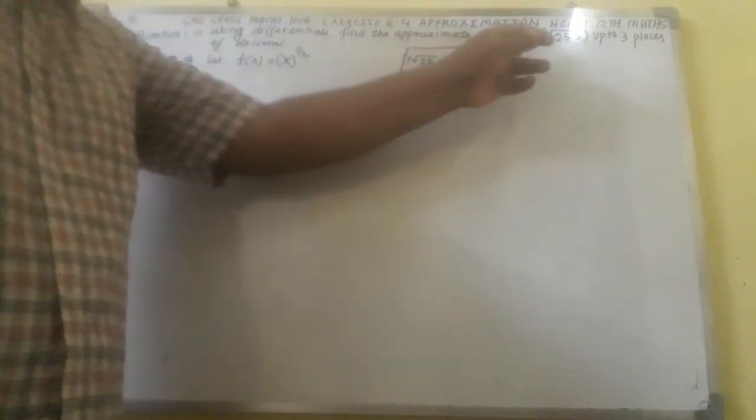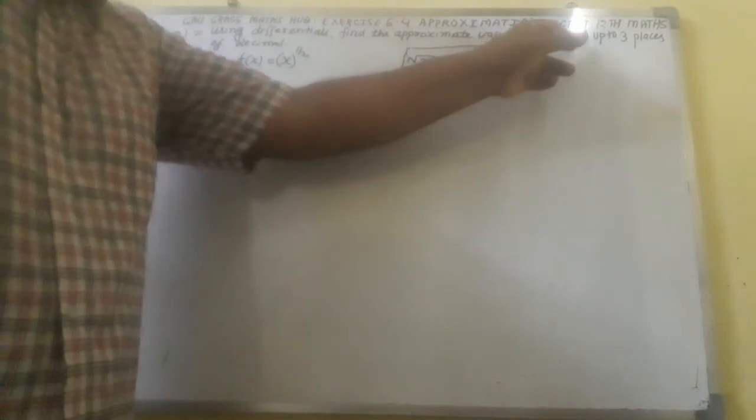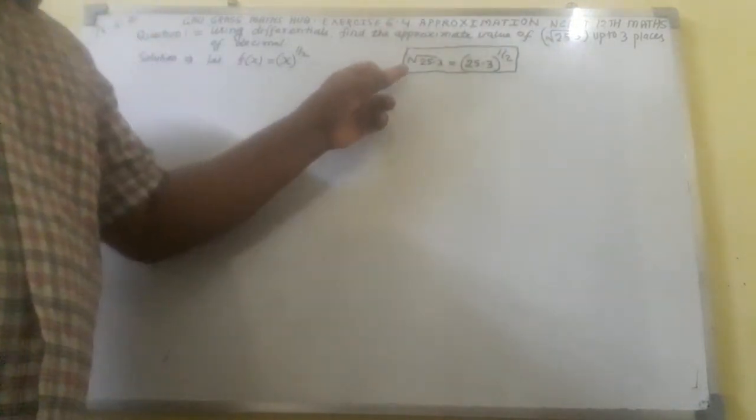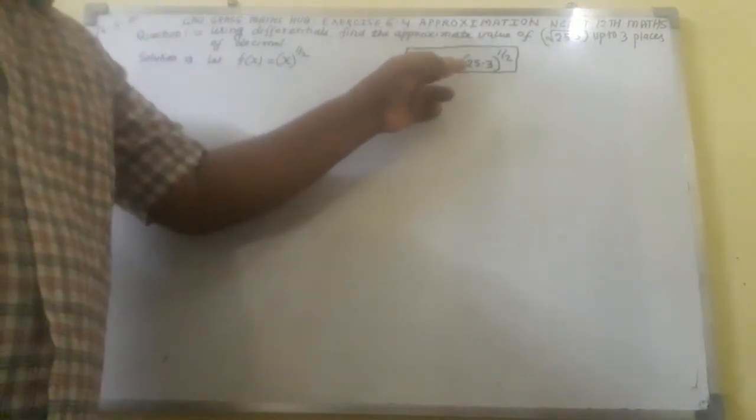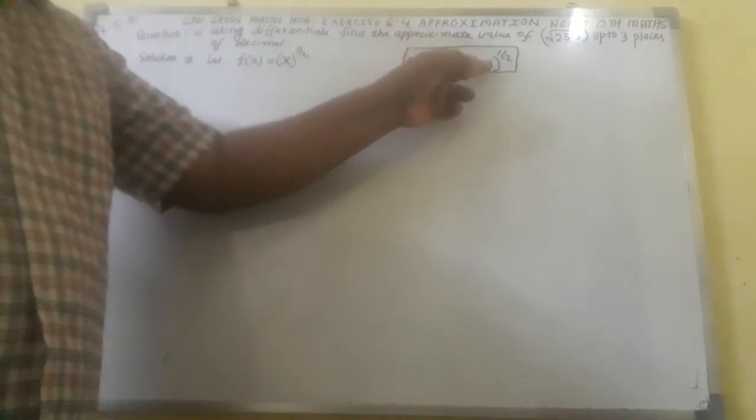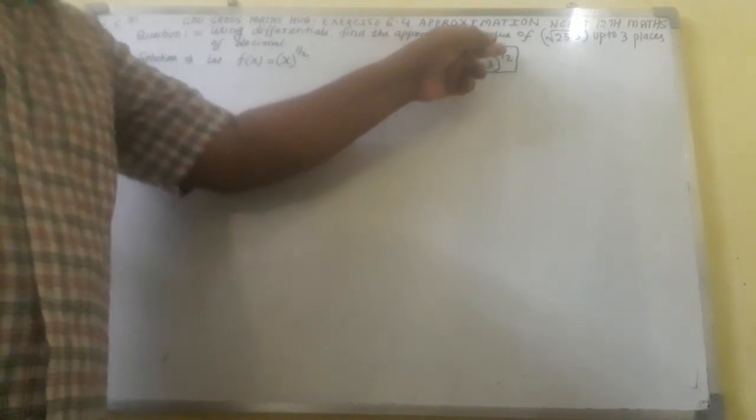Given function under root 25.3 equal to 25.3 whole raised to the power 1 over 2 can be written.